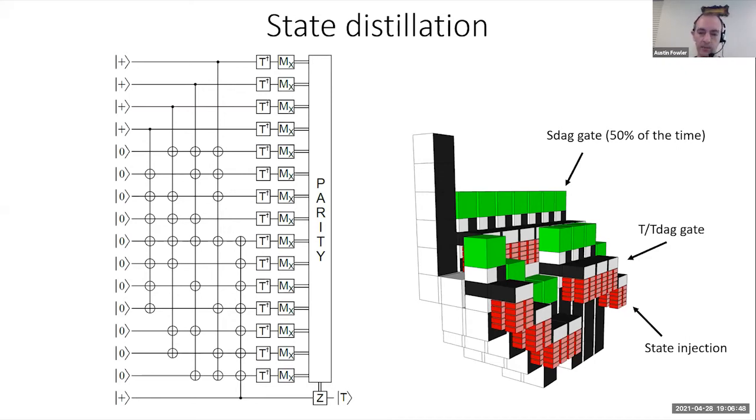Anywho, the takeaway message is this is state distillation. I hope you can see that it is not a very big circuit. I mean, it's big-ish, but it's not enormous. And in particular, if you compare it to just the cost of moving data from one place to another, just movement can rapidly become the same cost as one of these distillations.